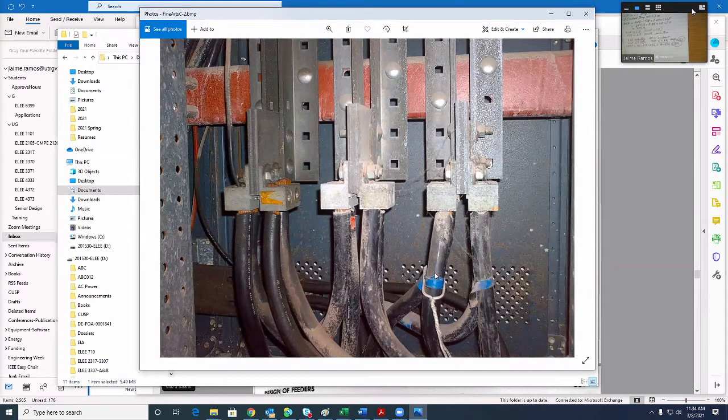So if we put them all together, we will have about 16 conductors in one conduit. And then for 16 conductors in one conduit, the field correction factor will be 70%.